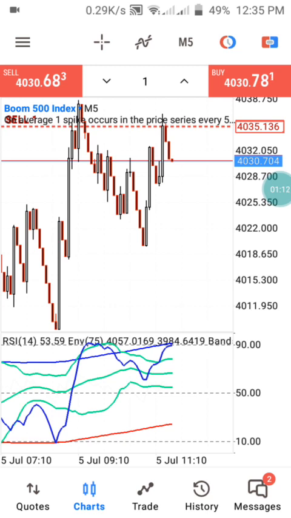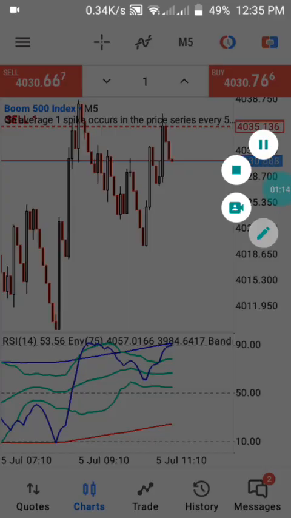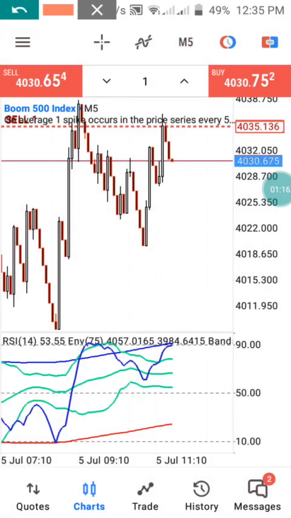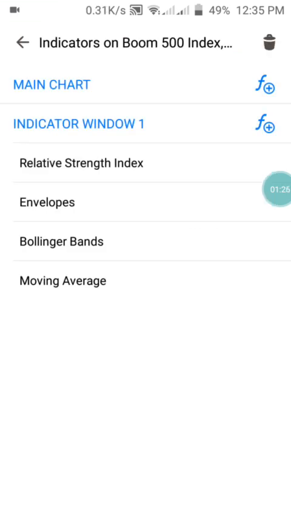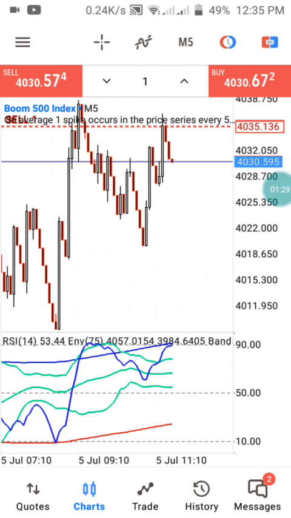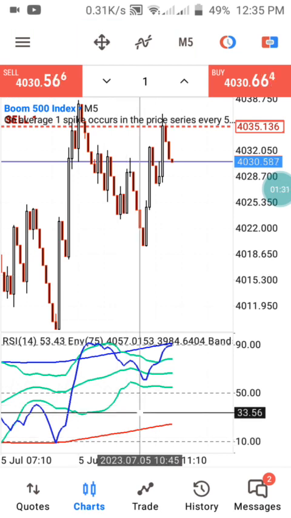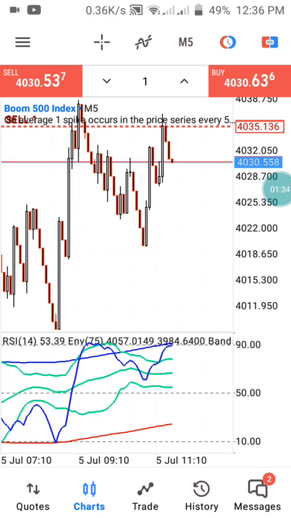So guys, as you can see, we have our envelope there, we have our envelope here, we have our level at this particular area, which is very important. We have our Bollinger Band, we have our moving average, and we have our envelope. These are very important areas that we need to study very well.